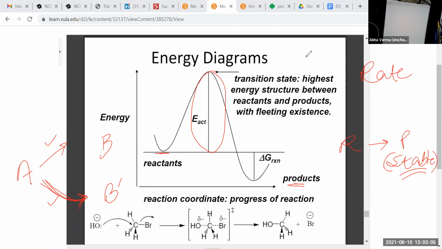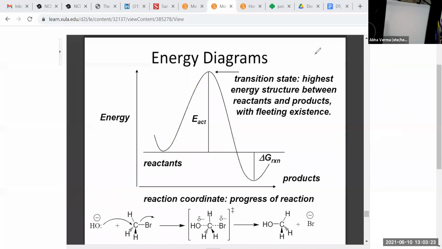This is the energy which is needed for the reactants to cross over so that they can make the new products. So E activation describes the rate of the reaction, while the stability is defined by the Gibbs free energy change.